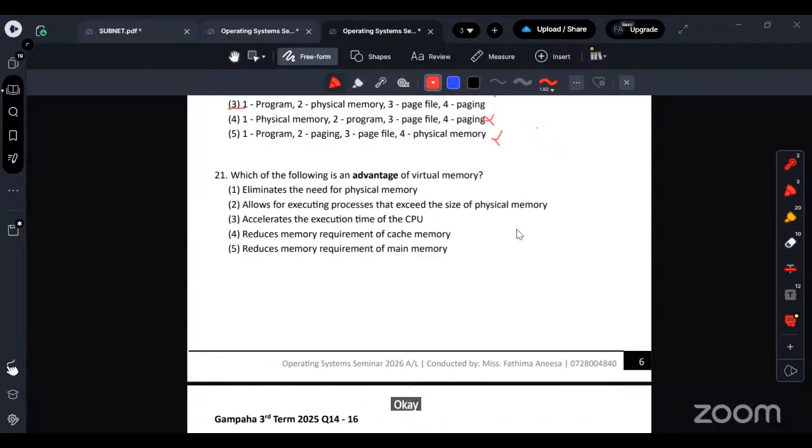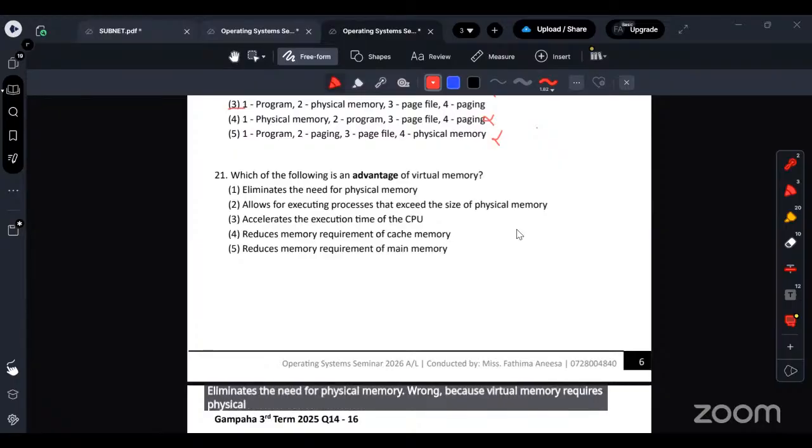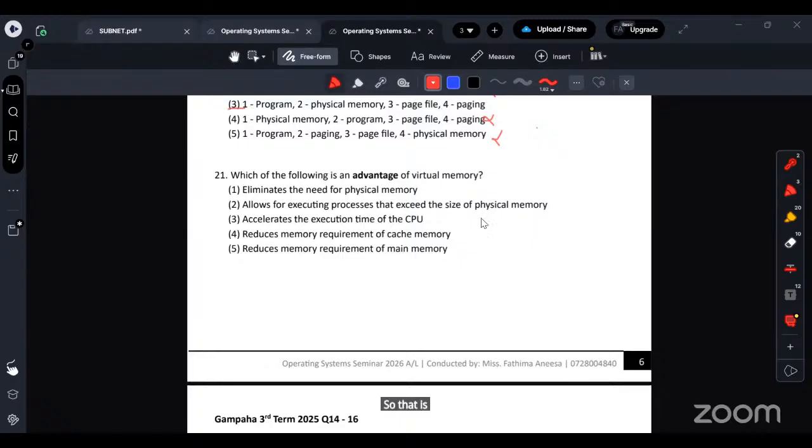Okay, yes. So which of the following is an advantage of virtual memory? Eliminates the need for physical memory. Wrong, because virtual memory requires physical memory to function. It is a memory management technique that uses secondary storage to supplement RAM, not replace it. So that is wrong.